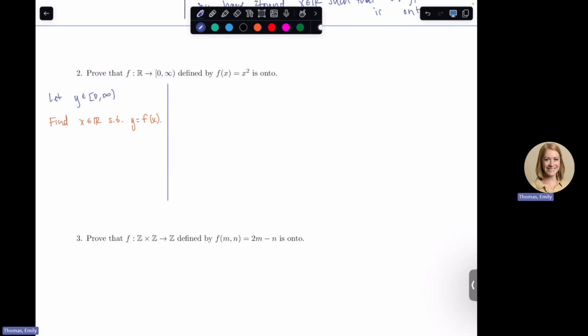So what are we going to do? We're going to construct that x. And we don't have to use plus or minus because y is positive.